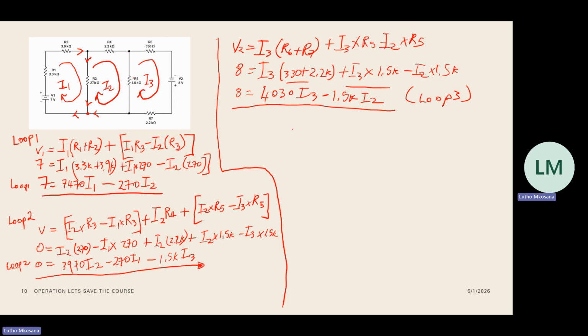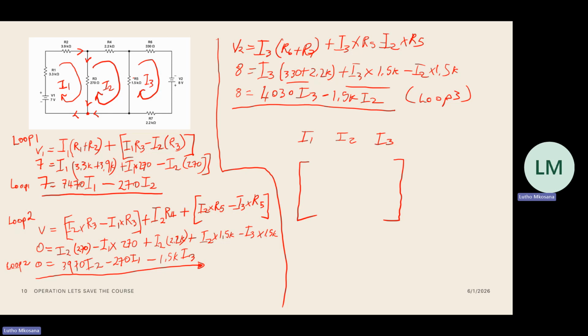I'll try to arrange these equations in this manner, I1, I2, I3, for each loop. So we have our matrix in this manner.